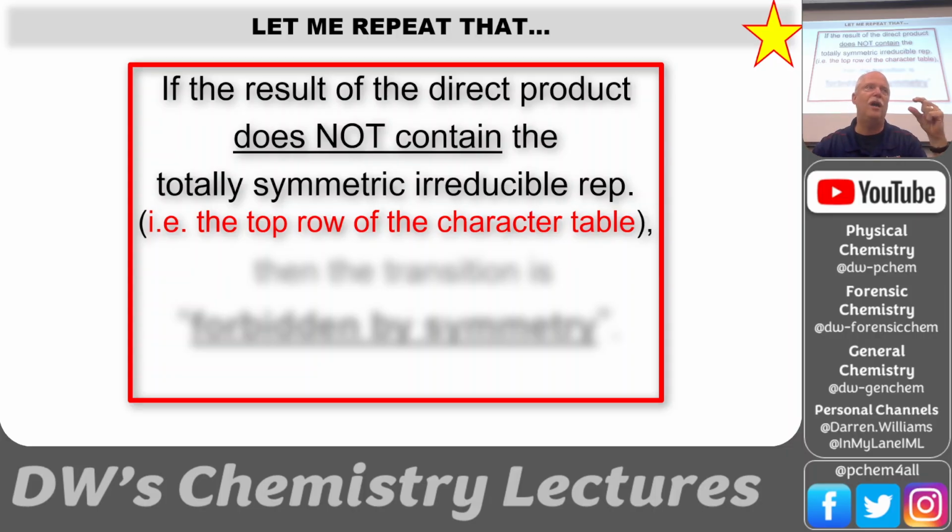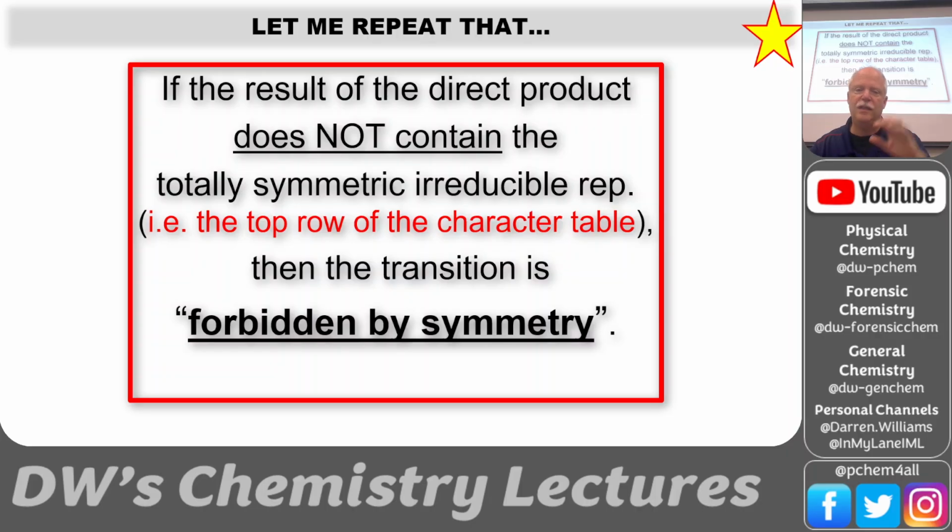Top row is the only one that's going to be non-zero. If I have an integrand that's top row symmetry, then it can contain it. It can be a sum of a bunch of symmetries, but if one of those symmetries in that sum is top row, we're good. It'll be non-zero. If it doesn't contain any top row elements, then it's forbidden by symmetry.